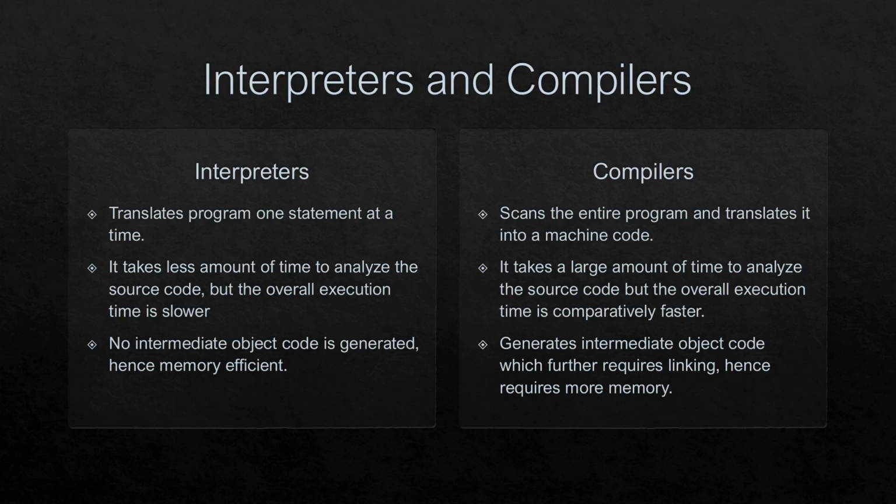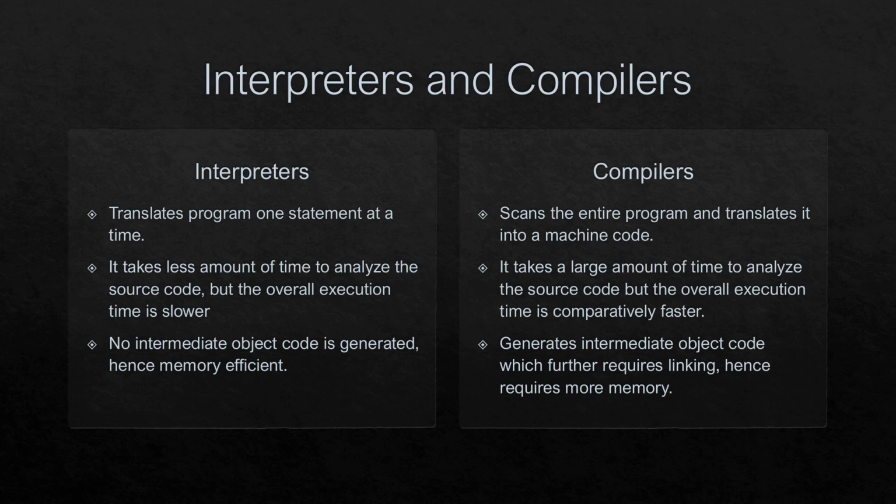So, interpreters and compilers. An interpreter translates your code one statement at a time. Compilers, on the other hand, scan the entire program and translate it into machine code all at once. Compilers take a large amount of time to analyze the source code, but the overall execution time is faster than interpreters.